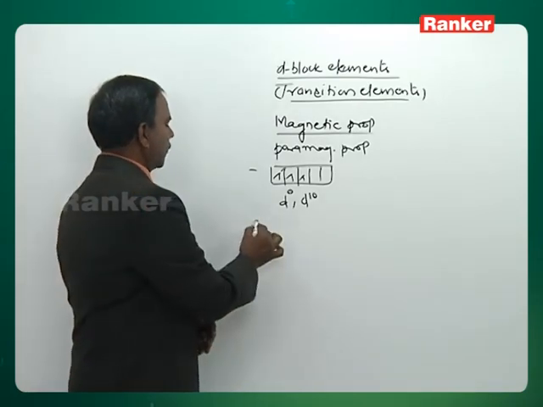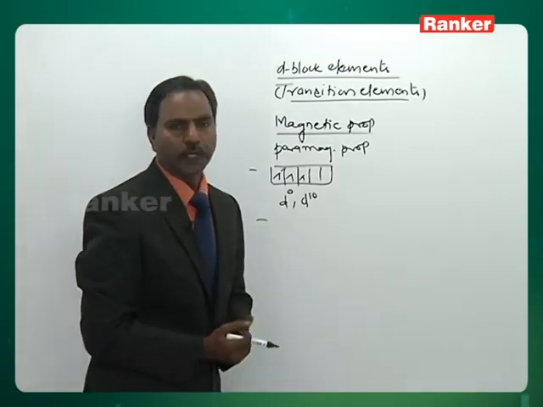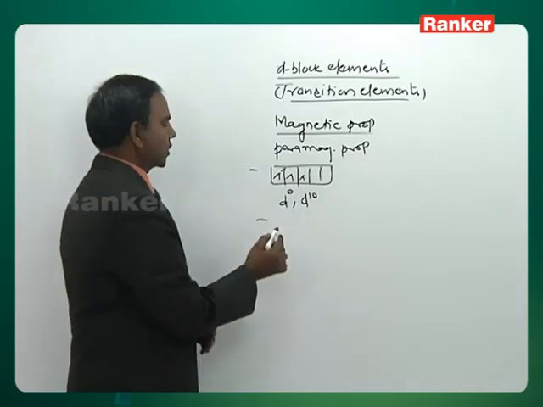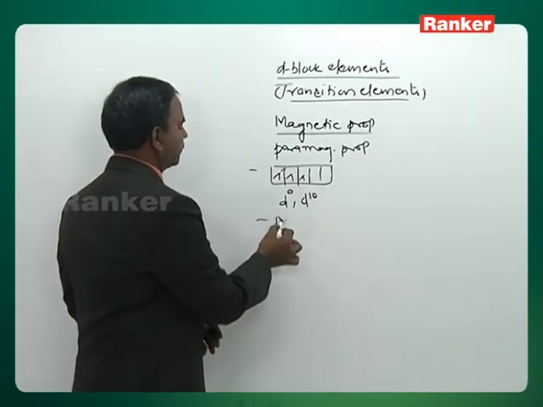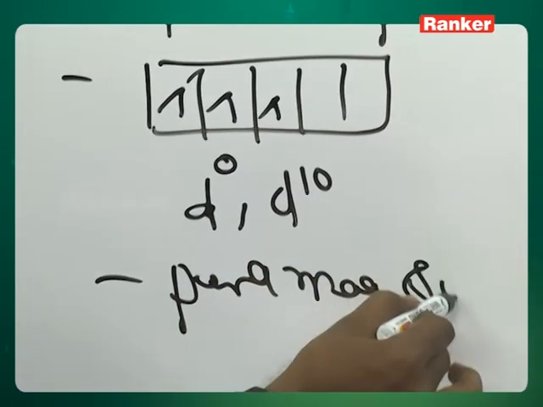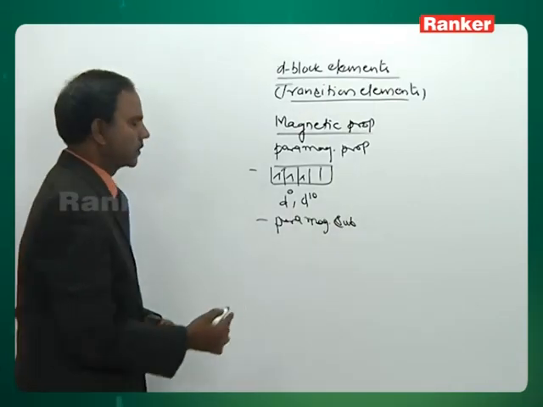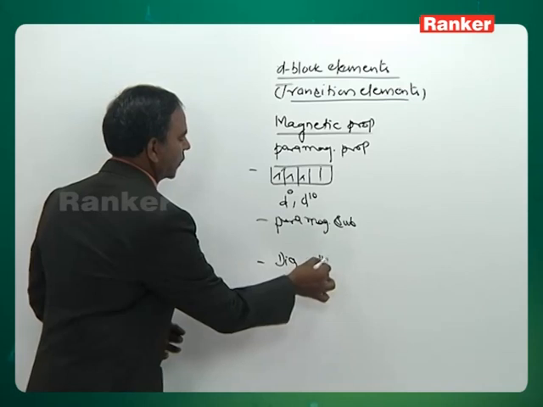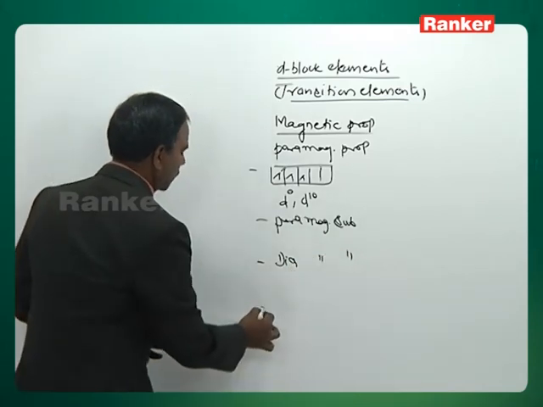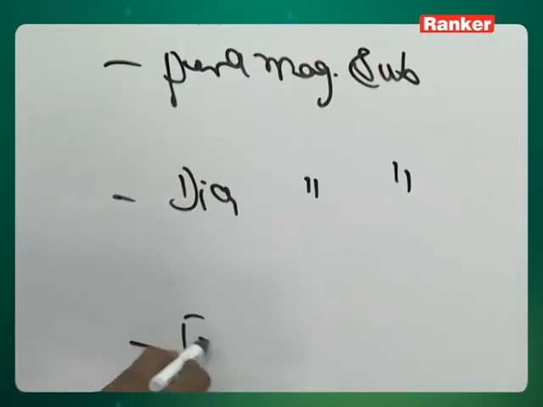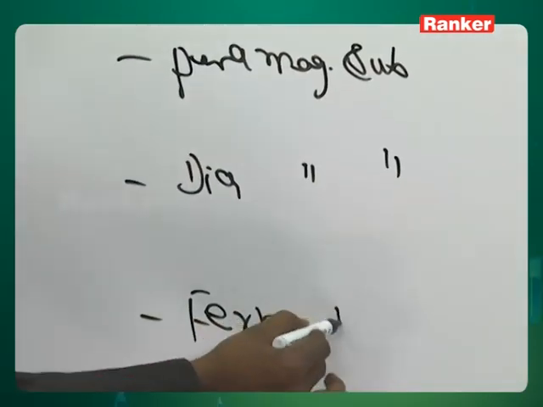We come across different types of magnetic properties. The first property we can say, paramagnetic substance. Second one, diamagnetic substance. And third one, ferromagnetic substance.